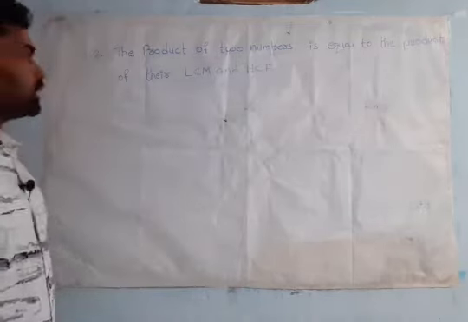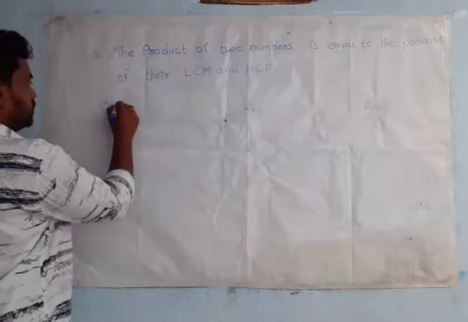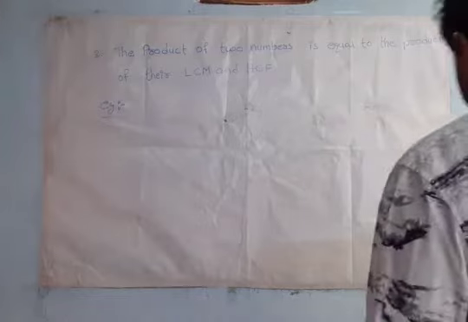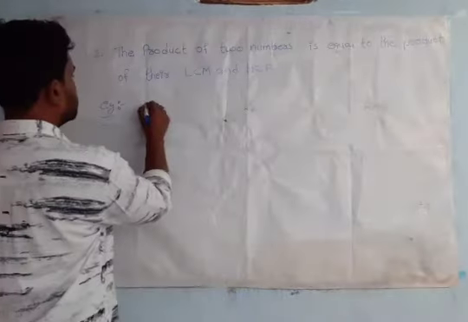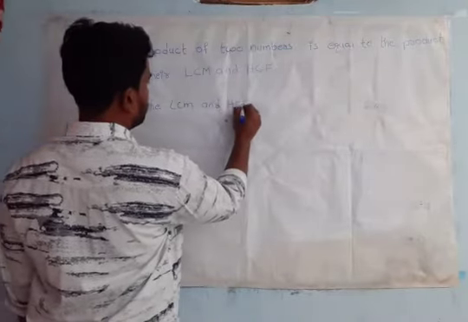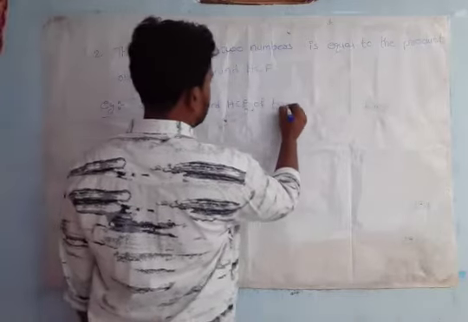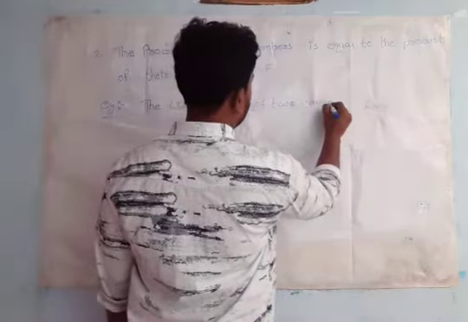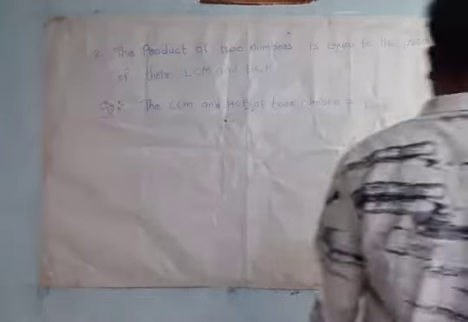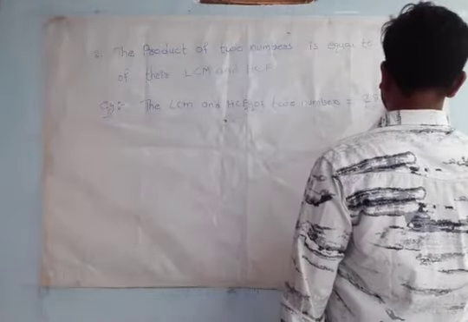The meaning of this, I will explain with one example. Suppose they give a question like: the LCM and HCF of two numbers are 288 and 48.